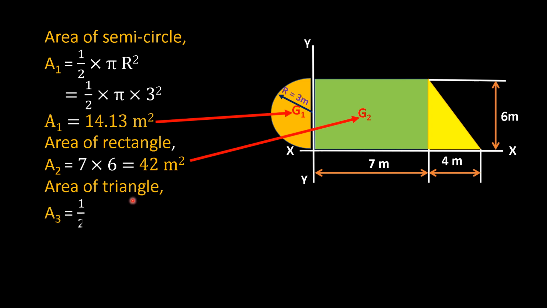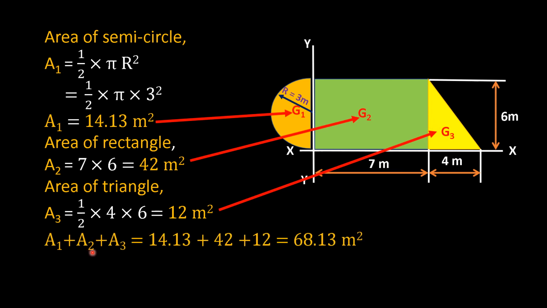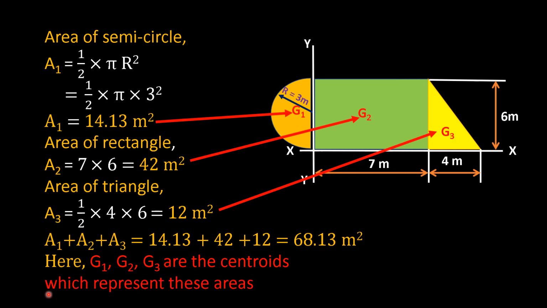Area of triangle A3 equals half base into height, which is 12 meters squared. A1 plus A2 plus A3 equals 68.13 meters squared. Here G1, G2 and G3 are the centroids which represent these areas.